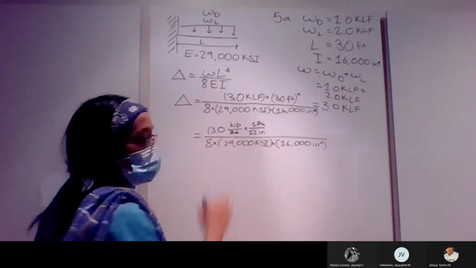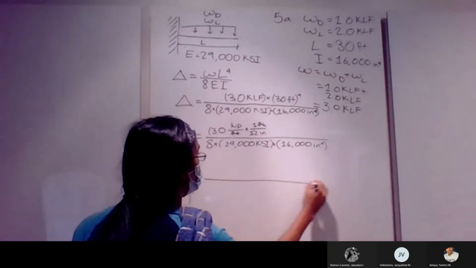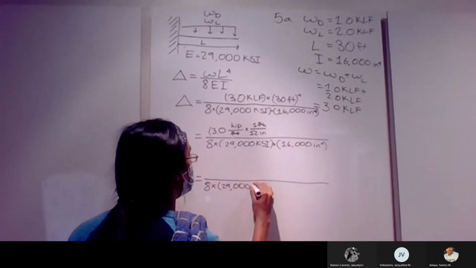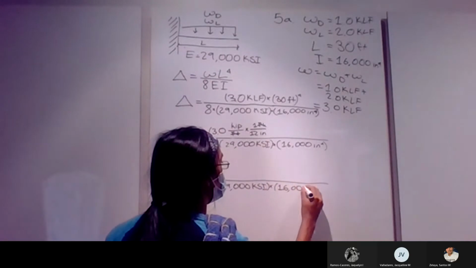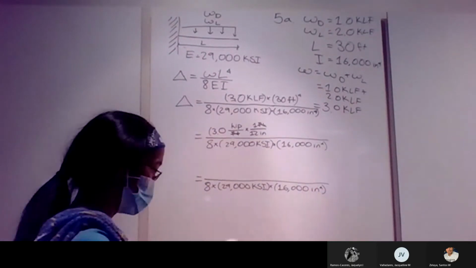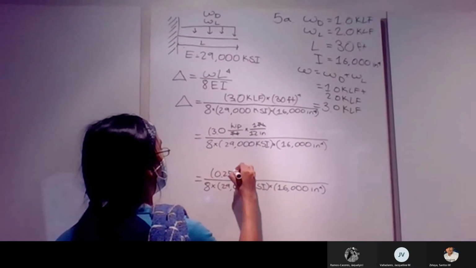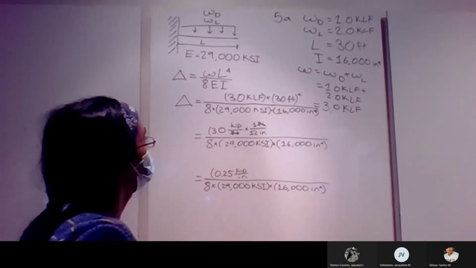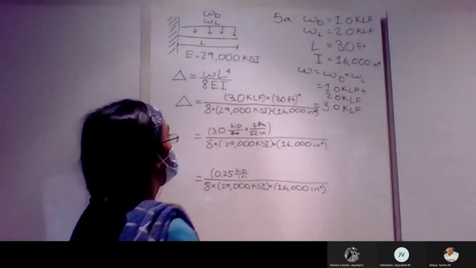So 3.0 divided by 12 inches. I'm just going to write that down here. 3.0 divided by 12 leaves you with 0.25 kips per inch. See how we canceled that out? Now we want to convert 30 feet into inches.